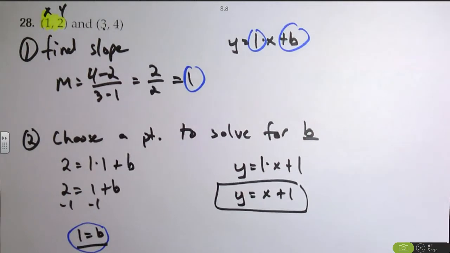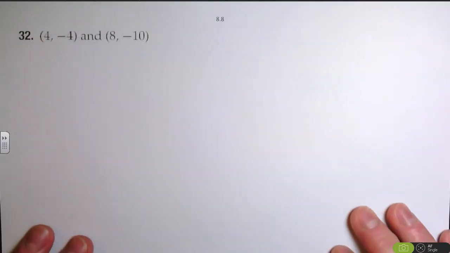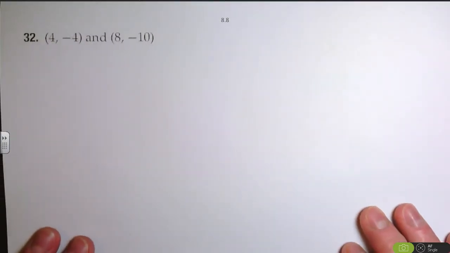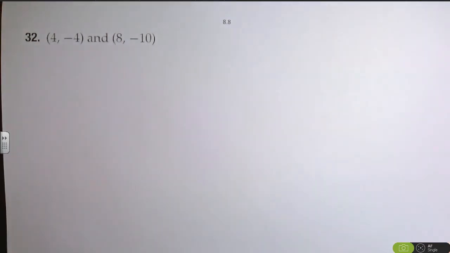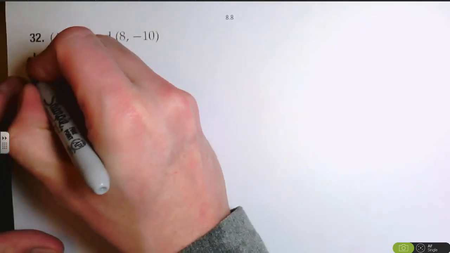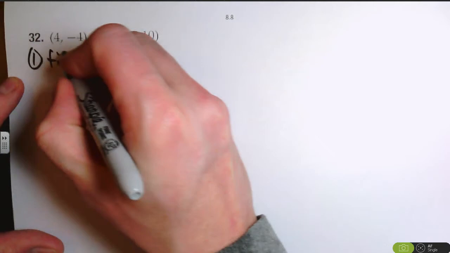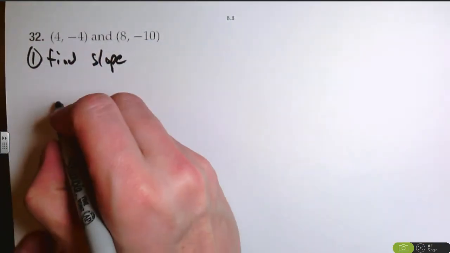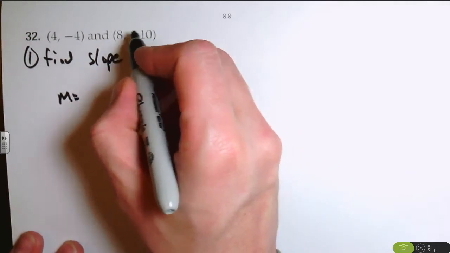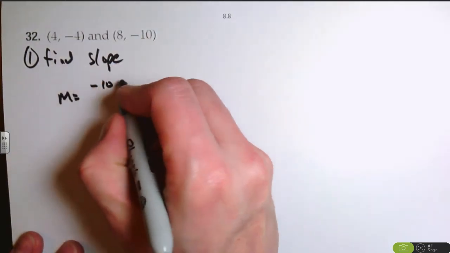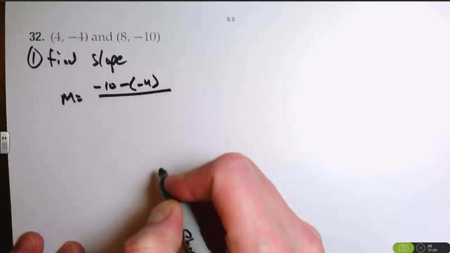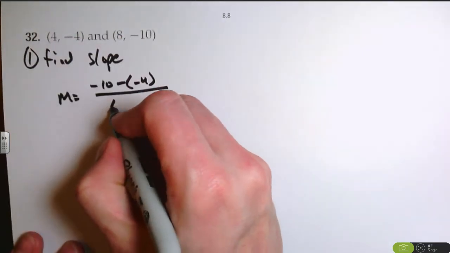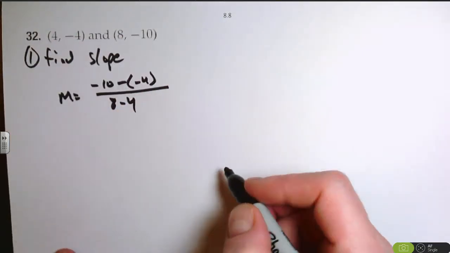And then last but not least, number 32. Same thing. First, find slope. Find slope, which is m, so y minus y, negative 10 minus negative 4, over x minus x, which is 8 minus 4.